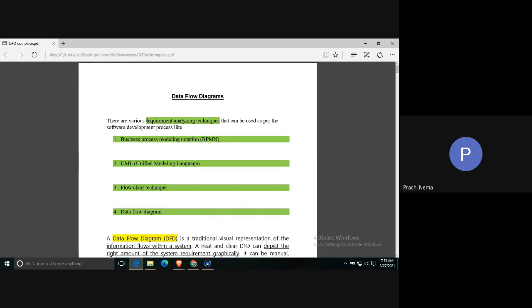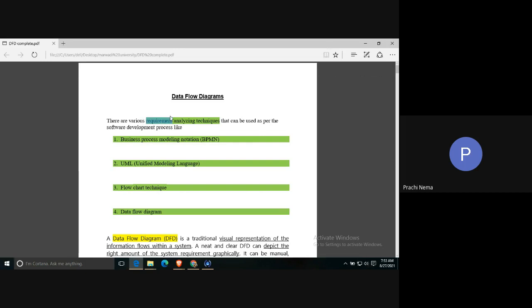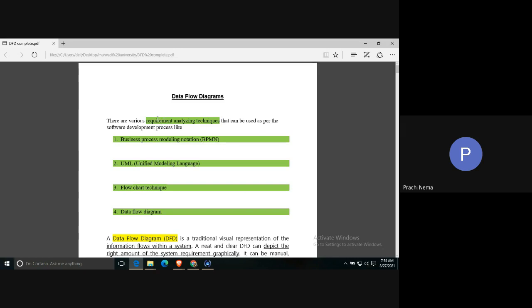So requirements are gathered first, then those gathered requirements need to be analyzed. So the techniques which are used for the analysis of the requirements which have been gathered are these four.